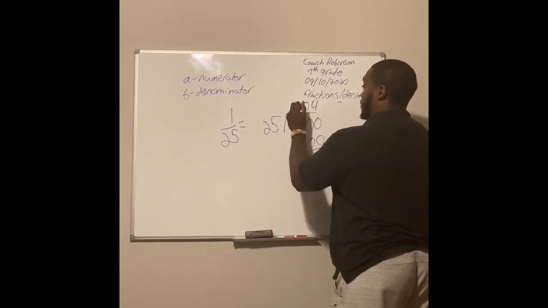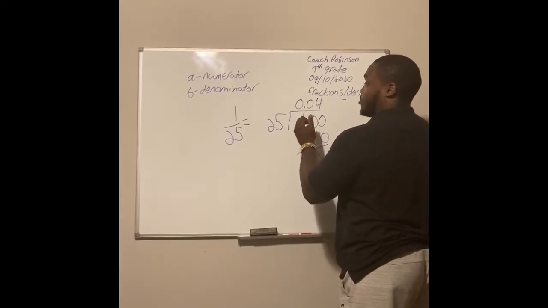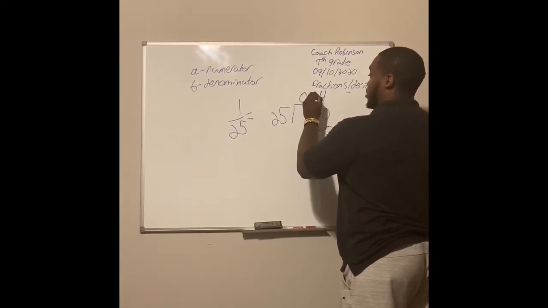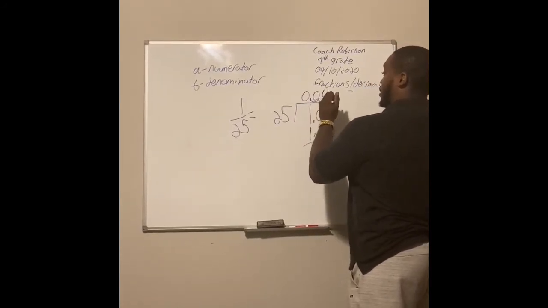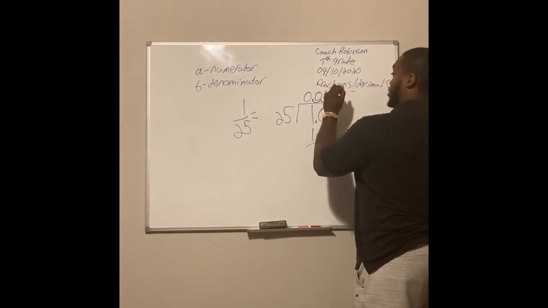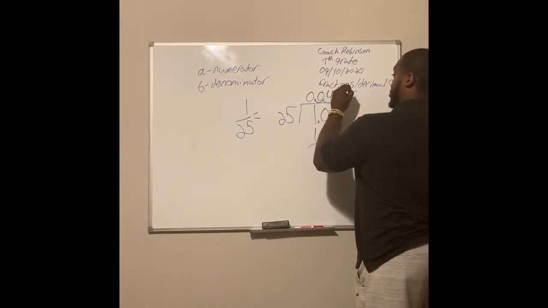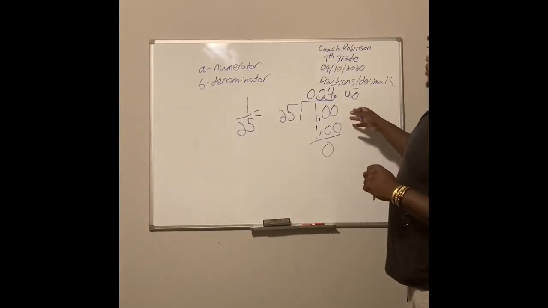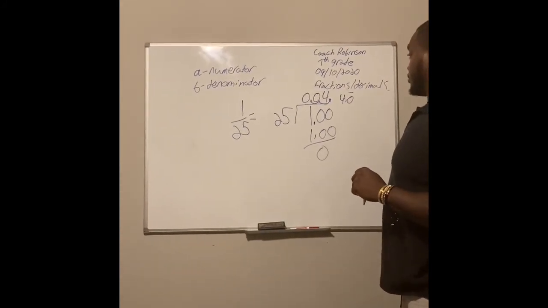And if I wanted to turn this into a percentage, again, I will move this 2 spaces, 1, 2, and that will be 4%. And I could just times it by 100 and get 4%.